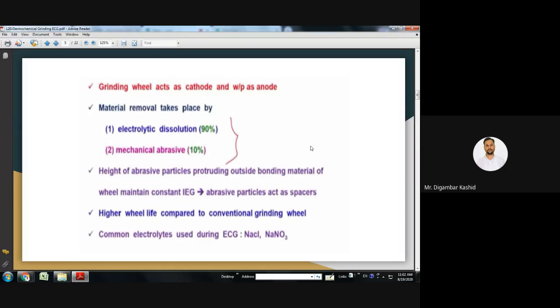In electrochemical grinding operation, abrasive particles are bonded with your grinding wheel.